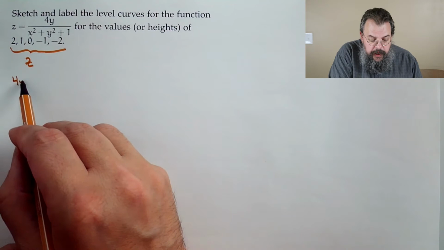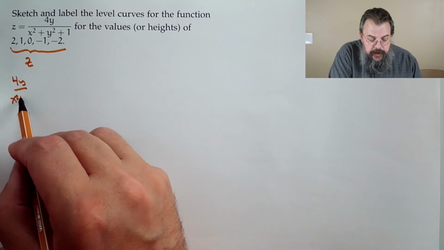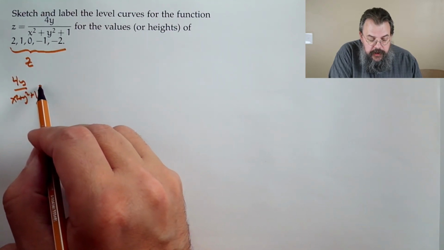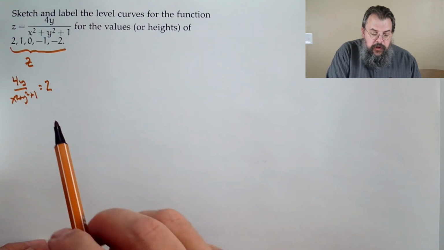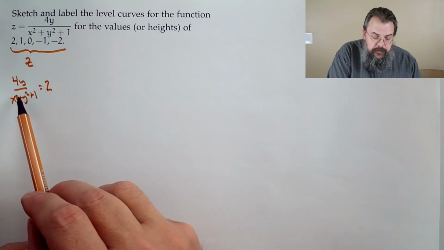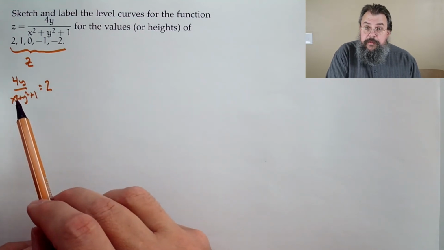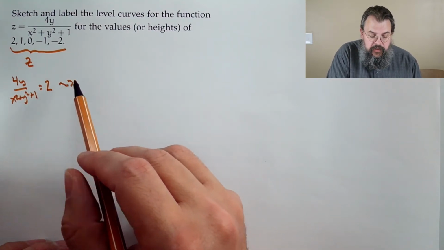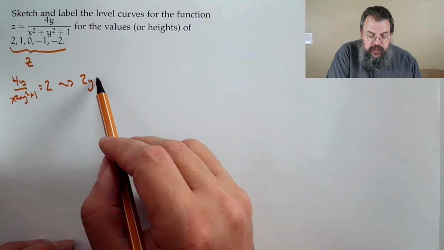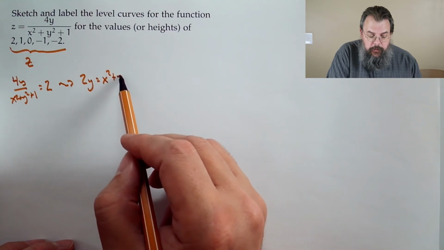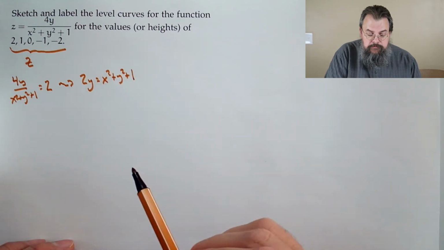So 4y over x squared plus y squared plus 1 equals 2. Well, we can move it across. I'm going to move the 2 across, in other words, divide by 2. This is the same as saying 2y equals x squared plus y squared plus 1.